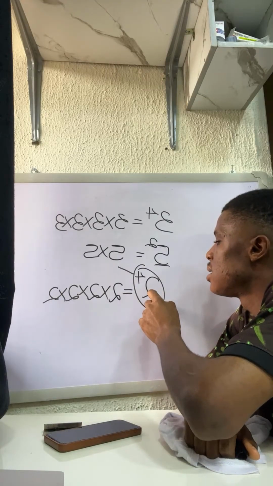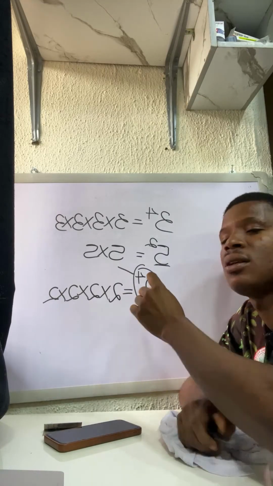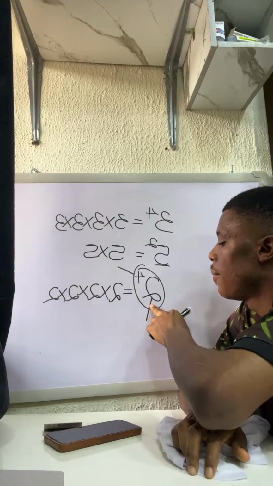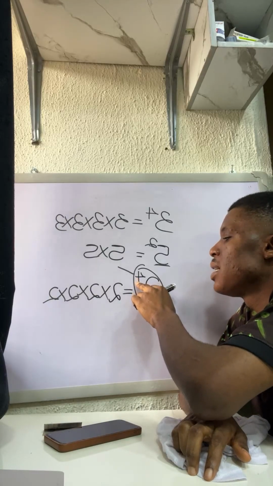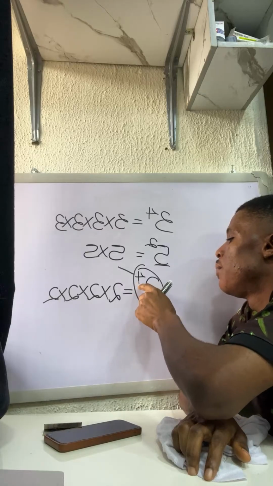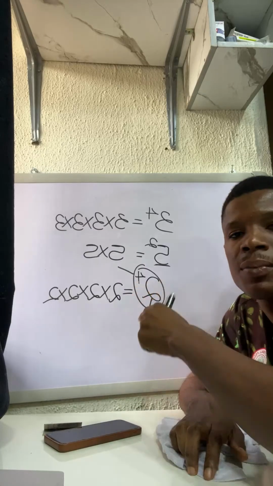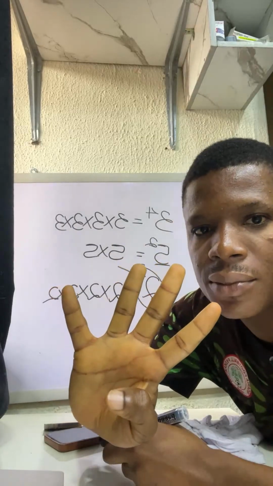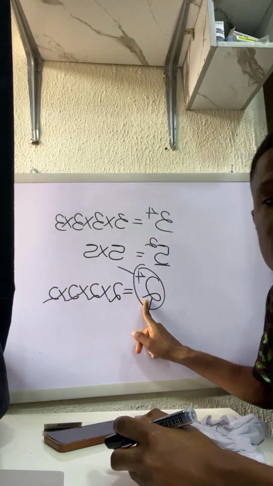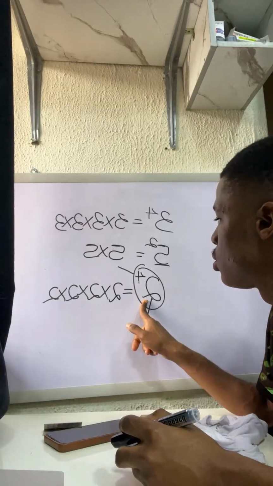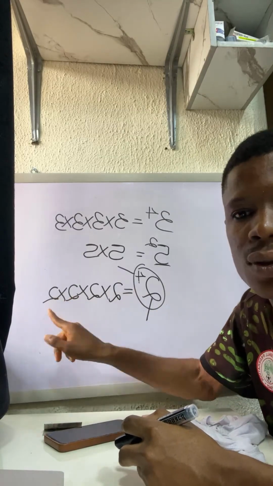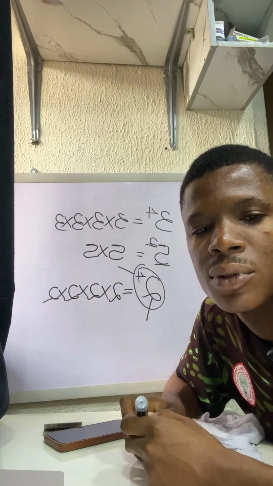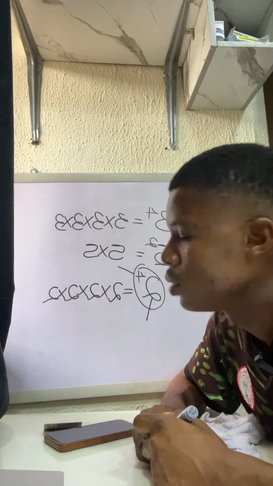Remember, the power, which is 4, is telling us that the base multiplies itself 4 times. This shows that the base is 2. That is 2 times 2 times 2 times 2.